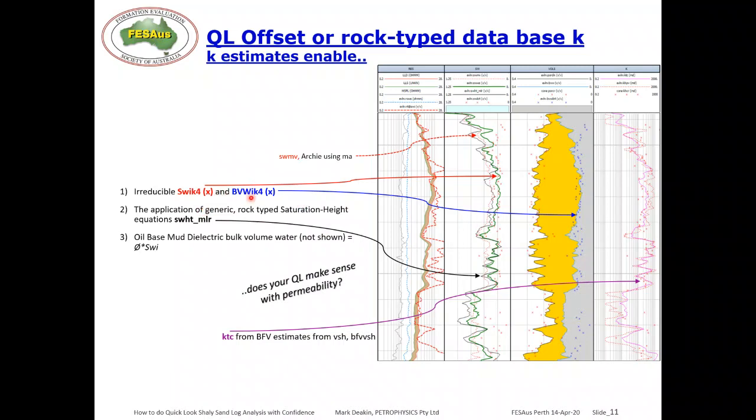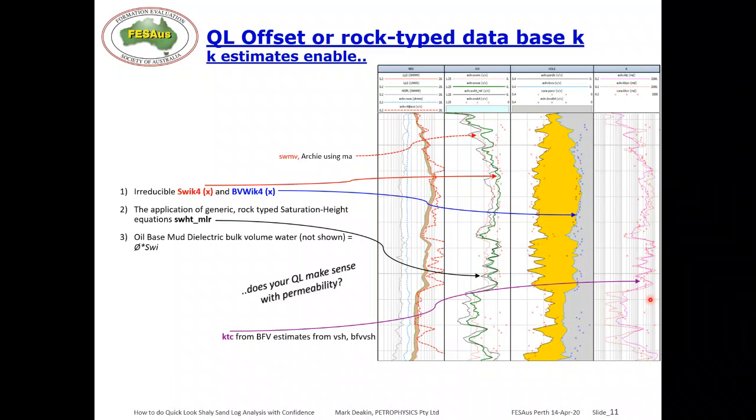And this is the bulk volume water, the blue one, in the rock. This is my normal plot of the pore space, so you've got 0 and then 40%, and that's the total porosity, that line there. And this grey is the bound fluid, which is the same as irreducible fluid. And this yellow is the loose fluid that can be replaced by hydrocarbons or loose water if it's below a contact. Right. And also the application of generic rock type saturation height equations, SW height MLR.